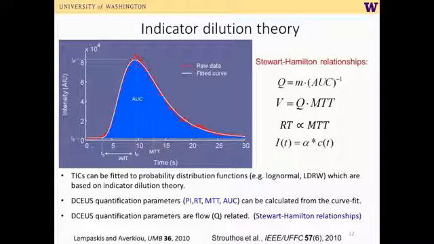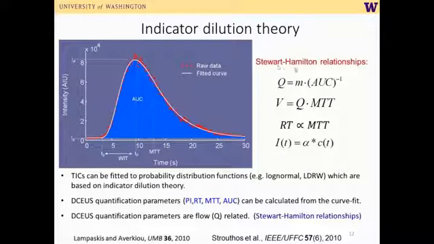A few more words about these quantification parameters. The area under the curve is, just like it says, the area under the time intensity curve. The washing time or rise time is the time it takes from 0 to the peak intensity. The peak intensity is this point there, and the mean transit time is the first moment of the curve.